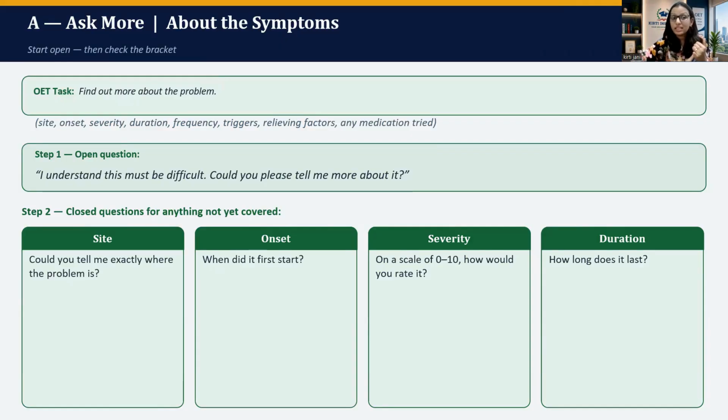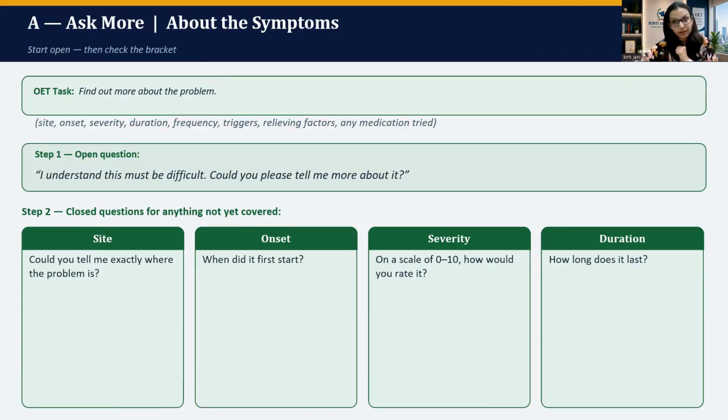Very painful, so we have somewhat understood the severity. But the rest of the things are still remaining. So what we will do is show empathy first for the pain the patient has shown, and then ask the remaining questions one by one.